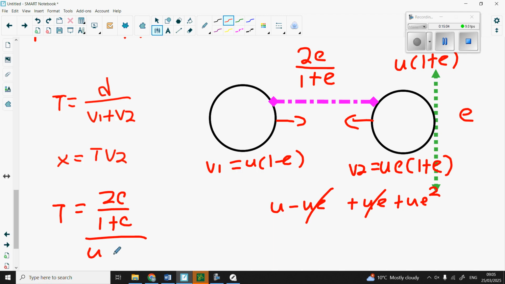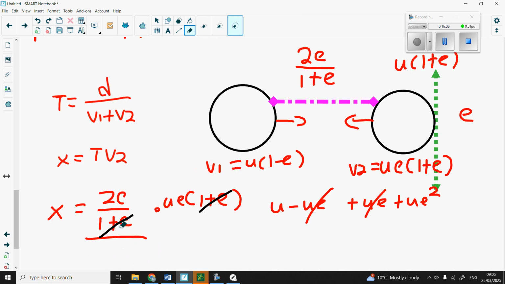So everybody be happy with u plus ue squared? Okay, that's the time. And now the distance is this multiplied by what? v2. What's v2? ue(1 plus E). Okay, January sales, everything must go. 1 plus E, 1 plus E.